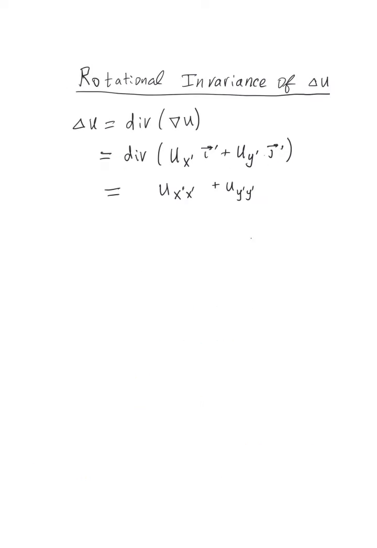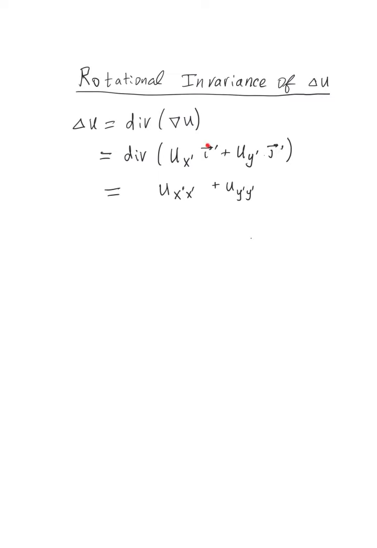Now, finally, let's move to the Laplacian. So, when we change the basis using an orthogonal transformation, like rotation, our gradient would have a similar form. So now we apply the divergence.